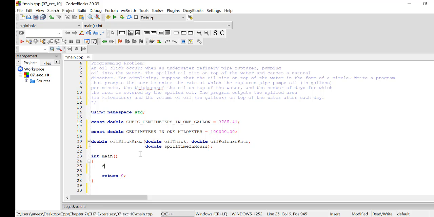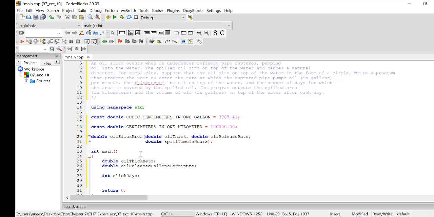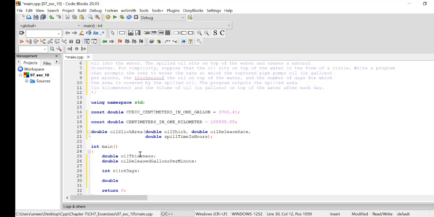So first I'm going to write in here, double oil thickness, double oil release gallons per minute, and int slick days, and double spill area is equal to 0.0.